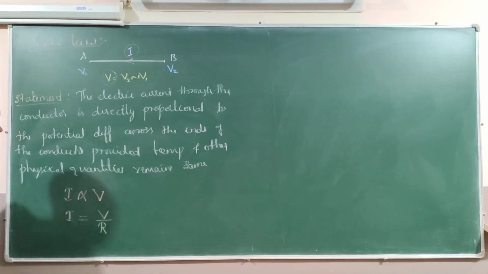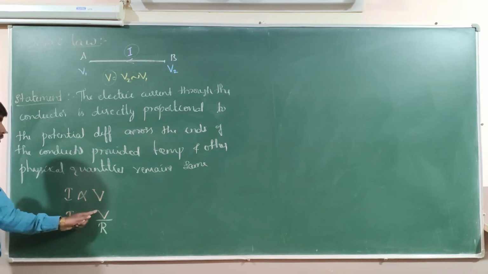The constant is given by R. So I is equal to V by R.